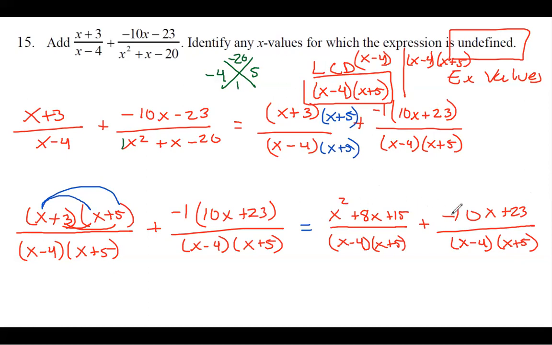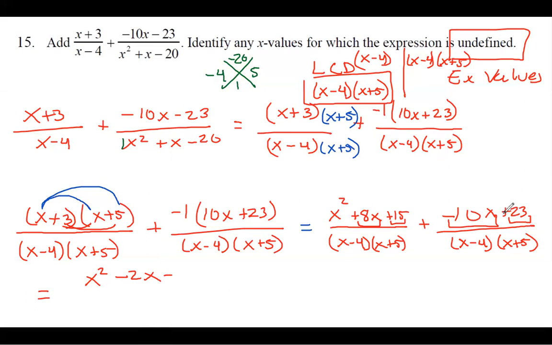Now, I'm going to combine like terms. What terms combine? 8x and negative 10x. So I'm going to write my first term, x squared, 8x minus 10x, negative 2x, and then I have 15 and negative 23.